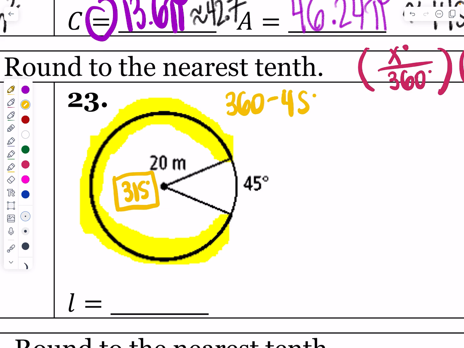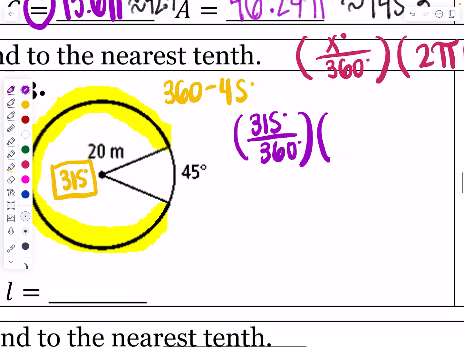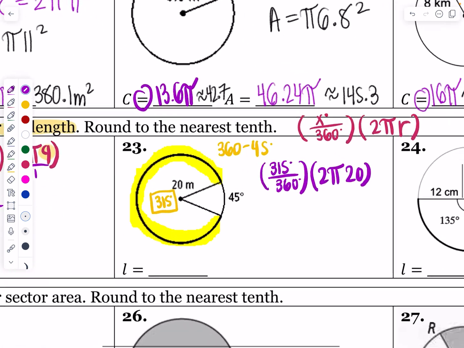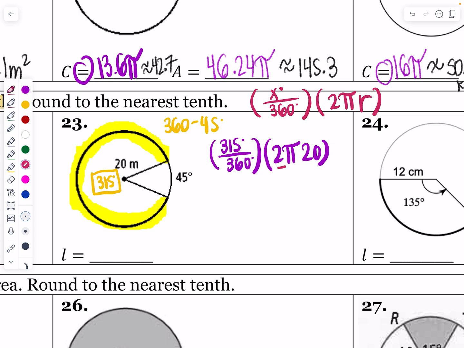Okay. So I'm working with 315 degrees out of 360. I'm going to multiply that by my circumference. So what is my circumference? 2 times pi times my radius, which is 20. Okay. So we're just going to type in those numbers that are in the numerator into my calculator. 315 times 2 times 20.